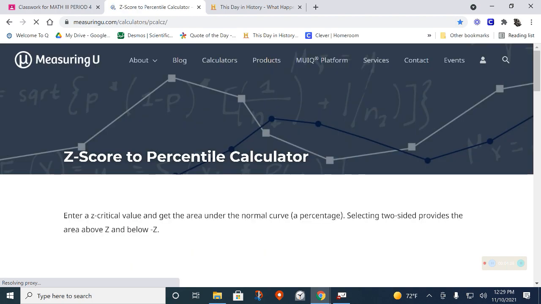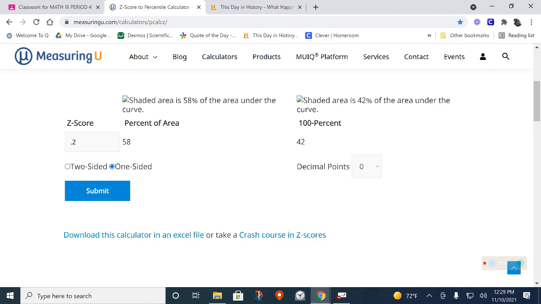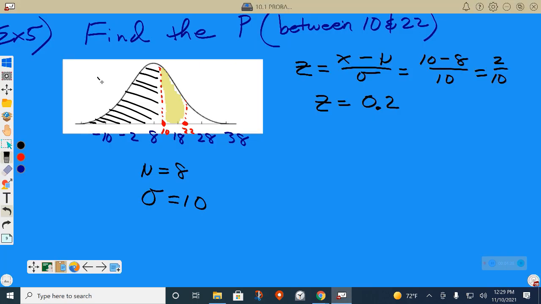So below it is going to be 58% of the data in black. So all this in black is 58% of the data. Now let's find the z-score of 22 and figure out what's the yellow and the black below the 22. And then subtract them and we're rocking and rolling.